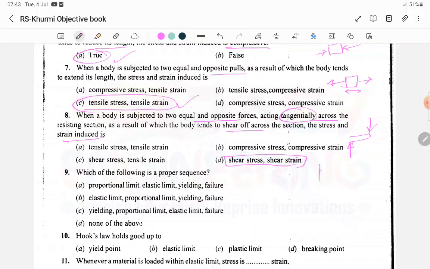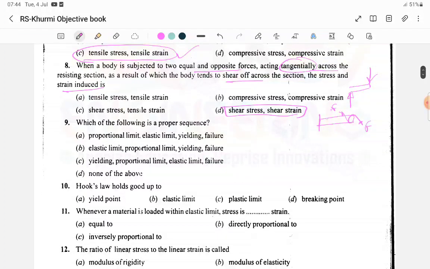So this is the rod. Here one force in this direction and one in the opposite direction are acting, and the resulting stress and strain are shear stress and shear strain. These forces are tangential to the longitudinal axis.